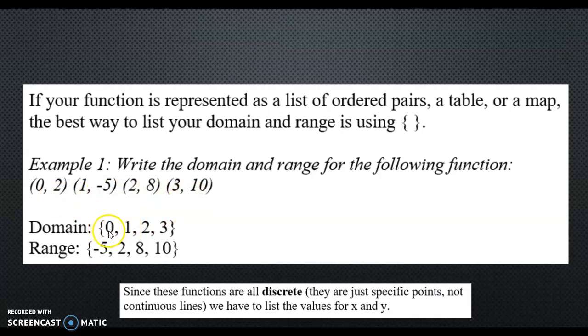So that means you have 4 X values and 4 Y values. You list them from least to greatest. It doesn't matter what order they're in up here. It's least to greatest within the brackets. Okay? Since they are all discrete, they're just specific points, you have to list them out, each one. Okay?